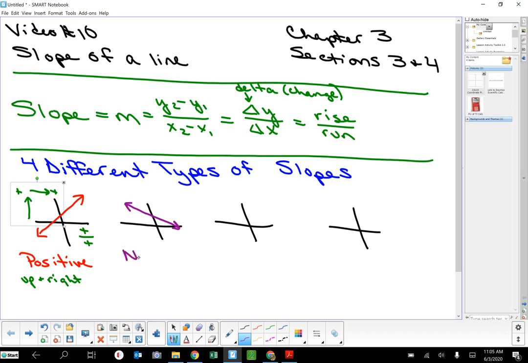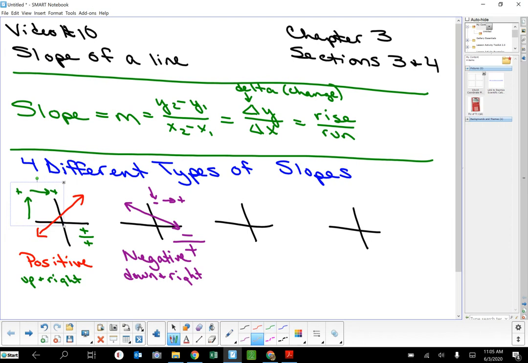And this is a negative slope. And it goes down and right. And then, as we just mentioned, with this guy, as you go down, that's a negative. But as you go right, that's a positive. So your slope rise over run is a negative over a positive, which is indeed a negative slope.